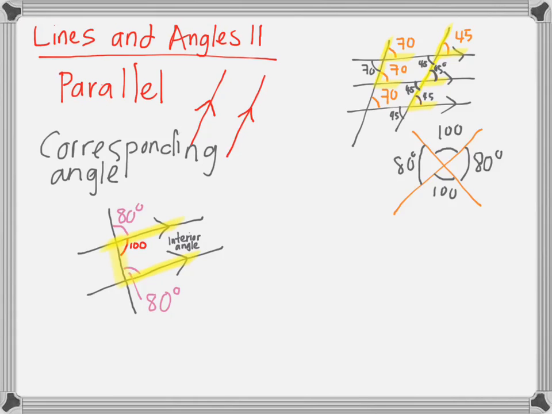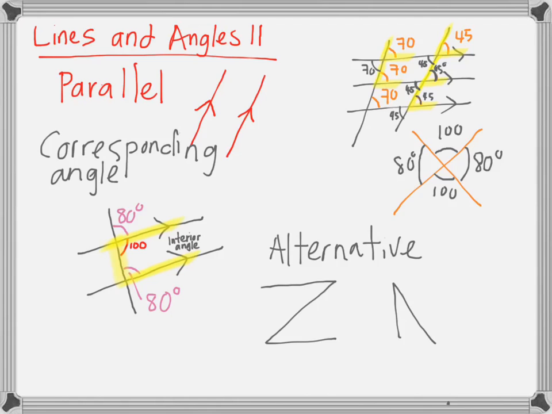So let's go to alternate angles. When they talk about alternate angles, you have to remember something we call the Z effect or N effect.